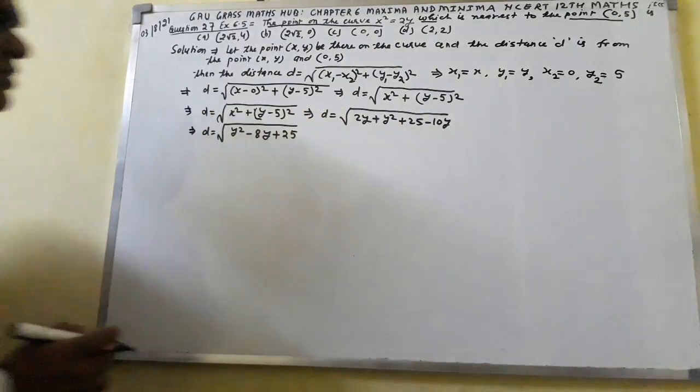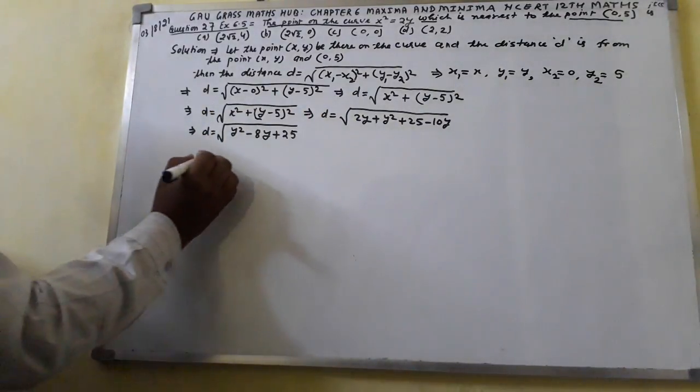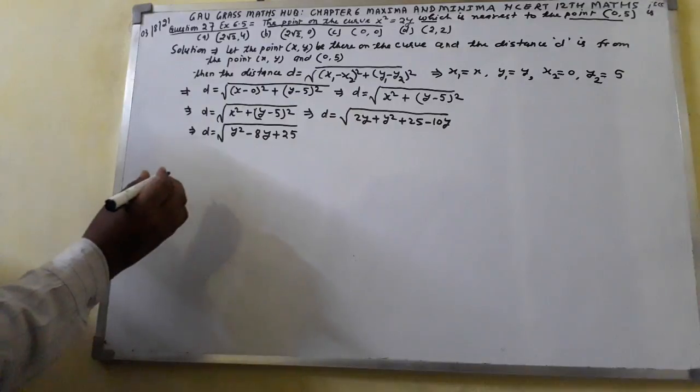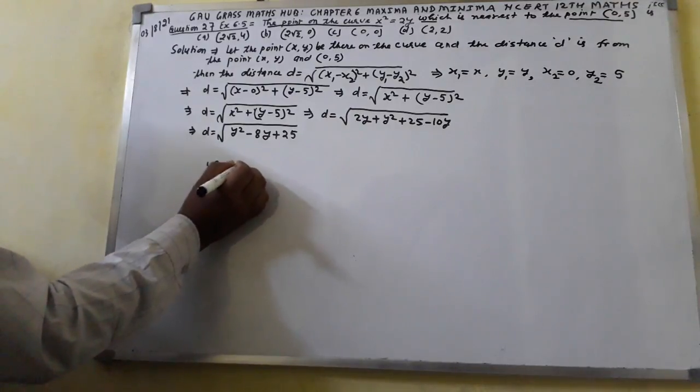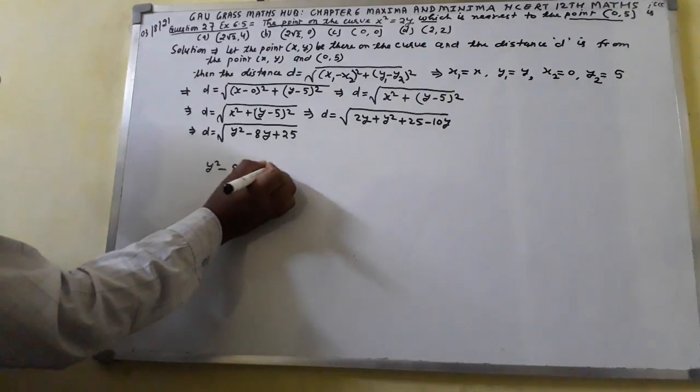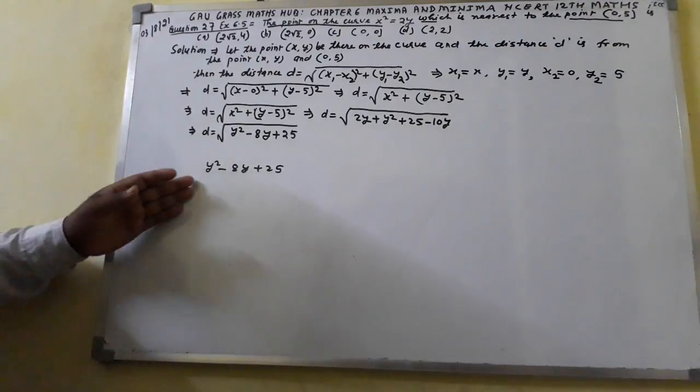What to do next? Next, do the thing here in the rough work. y square minus 8y plus 25. So here, on squaring, how this quadratic equation is going to be squared.